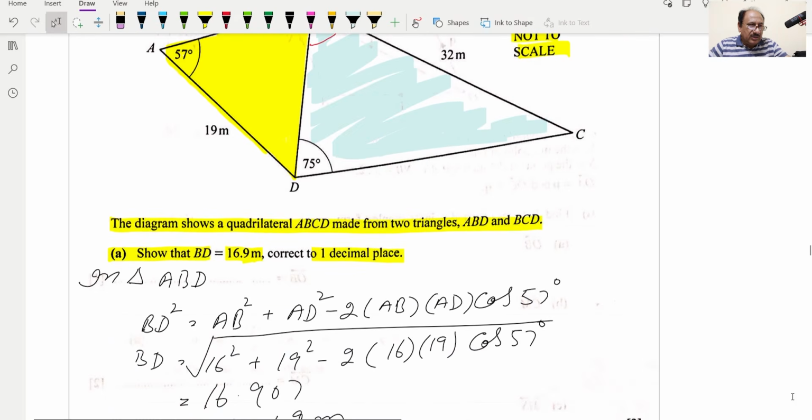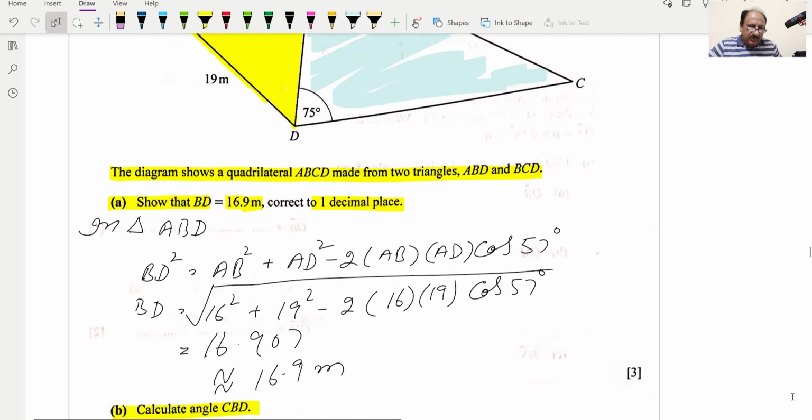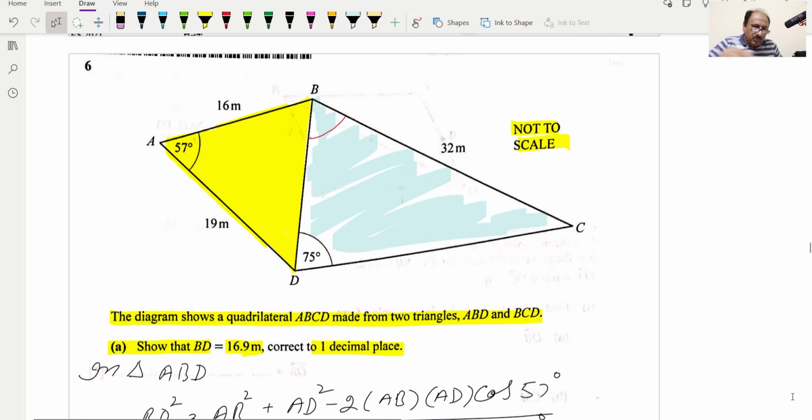So in triangle BCD, we will be applying the sine rule, and we will find this angle first.